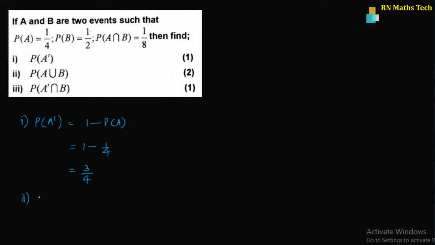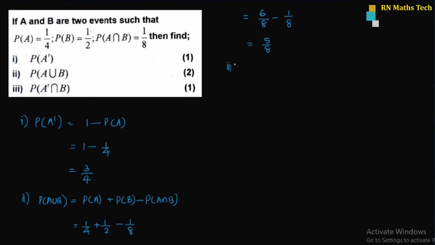Second part, P of A union B. P of A union B is equal to P of A plus P of B minus P of A intersection B. That is 1 by 4 plus 1 by 2 minus 1 by 8, which is 6 by 8 minus 1 by 8, which is equal to 5 by 8.